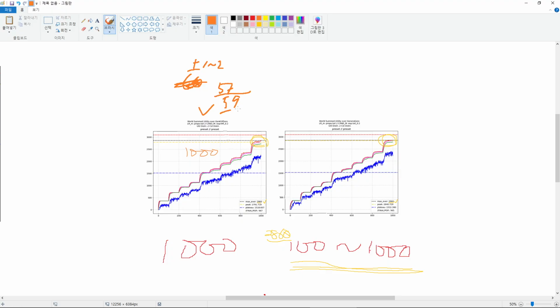Let's just put it at 57, 59, or 58. I think that's a better way of writing it. I'm so unorganized today. Sorry about that. 58 plus minus 1 or 2.